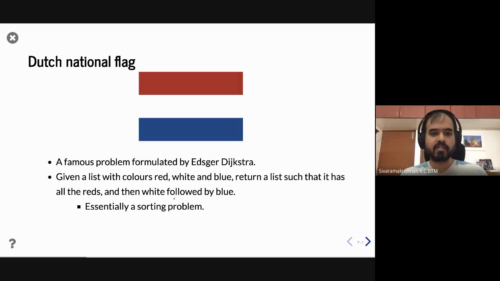Given a list of colors with red, white, and blue, return a list such that all the reds are at the first, followed by white, and then followed by blue, which matches the Dutch national flag. So this is essentially a sorting problem. We know how to do sorting, so this is a different way of achieving the same solution, but the methods are going to be very different.